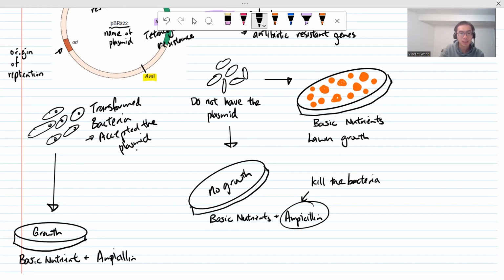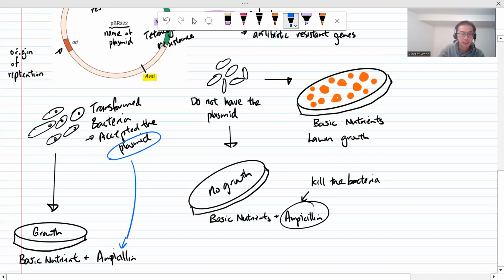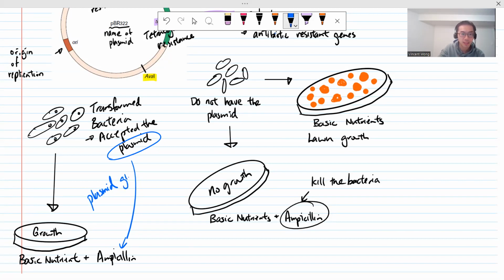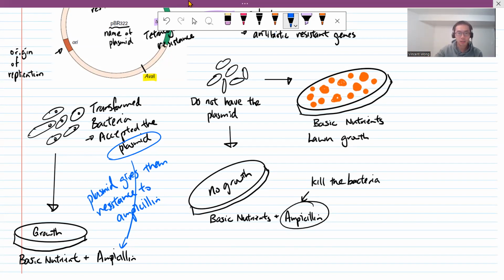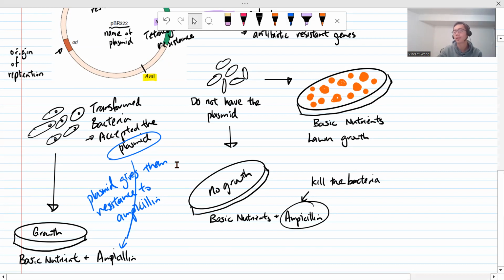Why? Because the plasmid gives them resistance to ampicillin. It gives them the ability to grow in the presence of ampicillin.